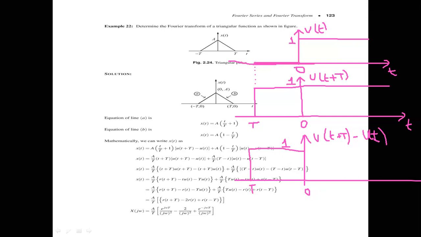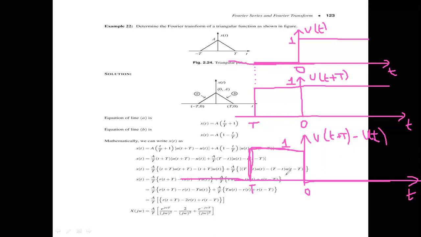Coming into 0 to infinite, mu of t plus T is 1 and mu of t is also 1, so 1 minus 1 is 0. Now see, this we can call a gated function. From minus T to 0 only the value is 1, and the remaining all the values, from minus infinite to minus T and 0 to infinite, are all 0.